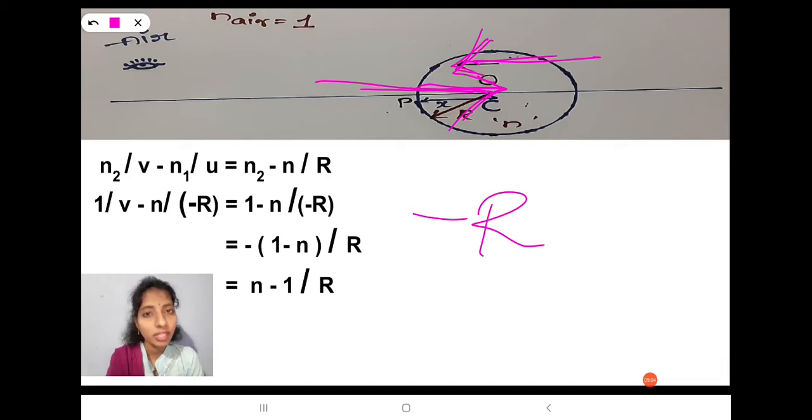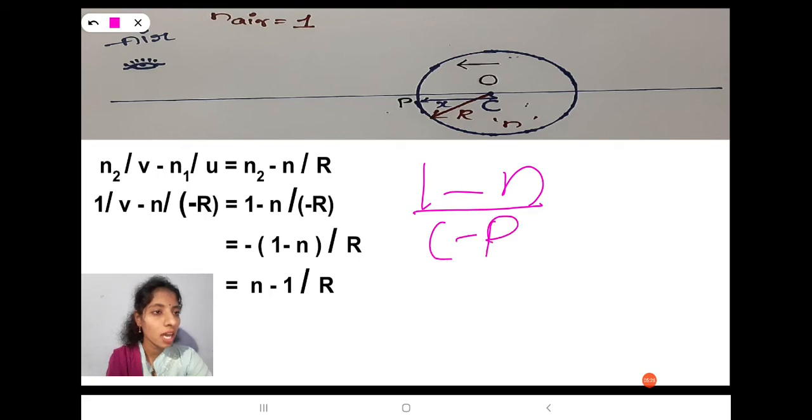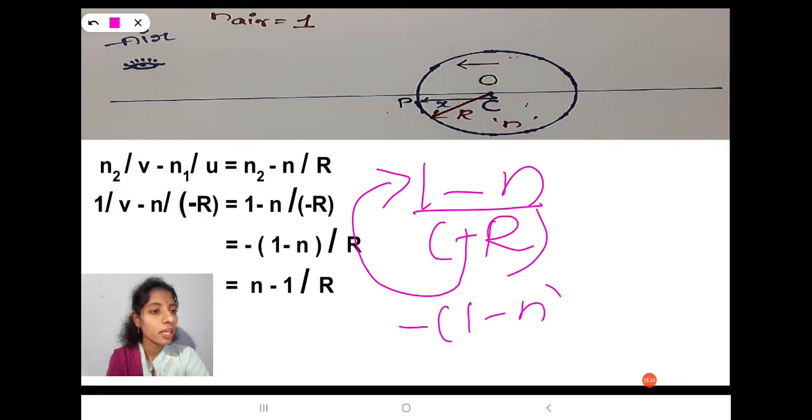That's why we are taking minus R. So it equals 1 minus n by R, with the minus sign in the denominator of the left side. So this minus is taken to the numerator. So then what will we get? Minus of n by R.